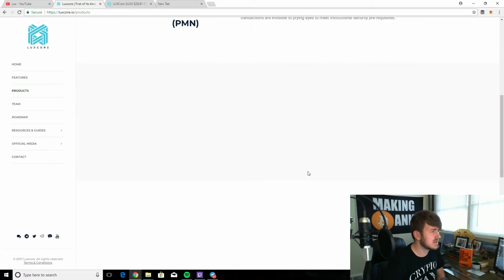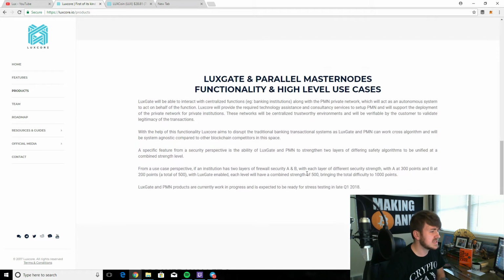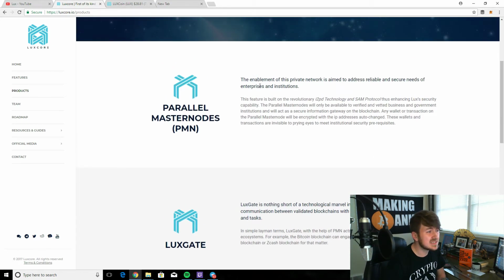Products, LuxCore products. Okay, so I'm guessing these are exclusive to Lux. It says parallel masternodes. The enabling of this private network is aimed to address reliable and secure needs of enterprise and institutions. This feature is built on revolutionary I2PD technology and SAM protocol, thus enhancing Lux security capability.